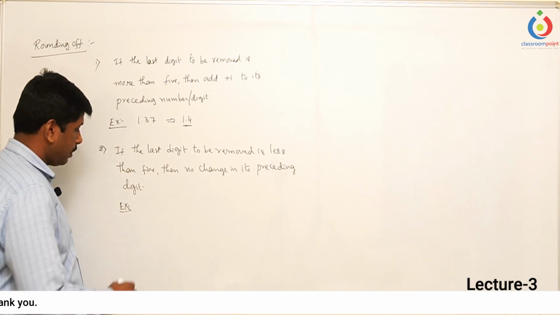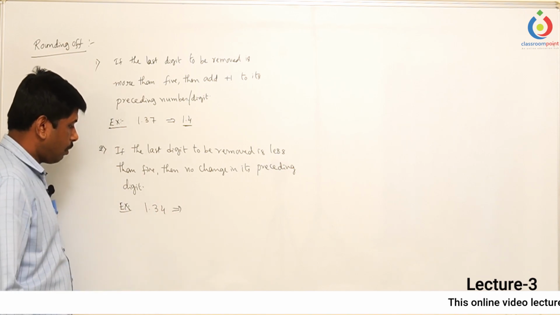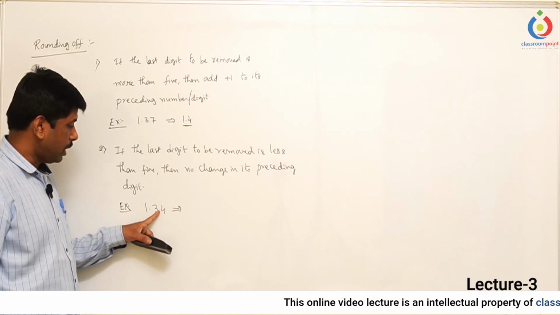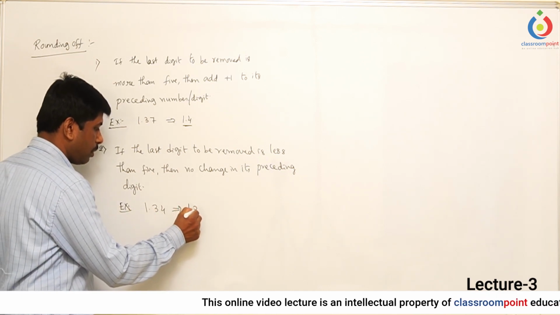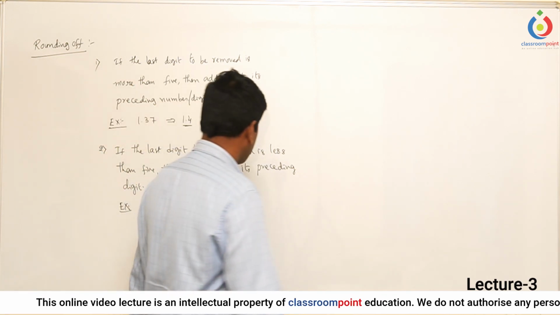Let us take an example here. Again, 1.34 is there. Now I want to remove the 4, which is less than 5. So I can write the final value simply as 1.3. There is no increase in the earlier digit value.